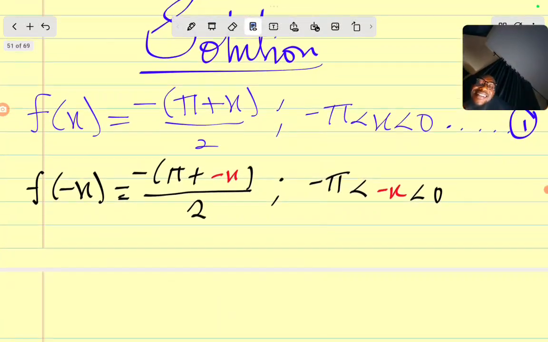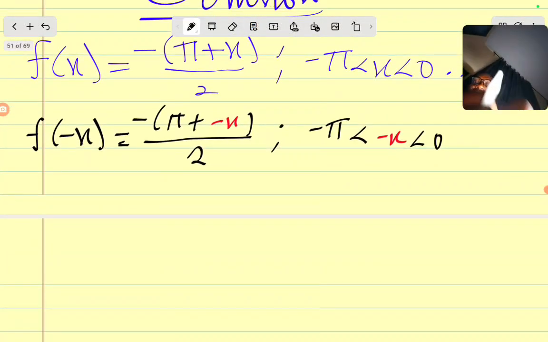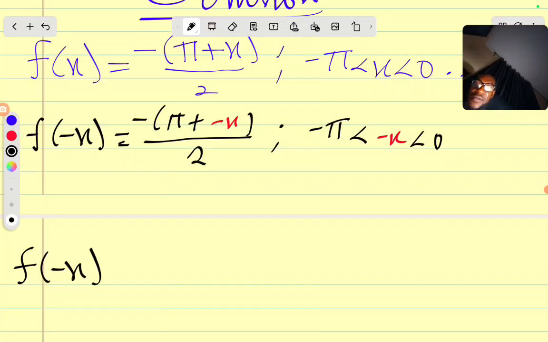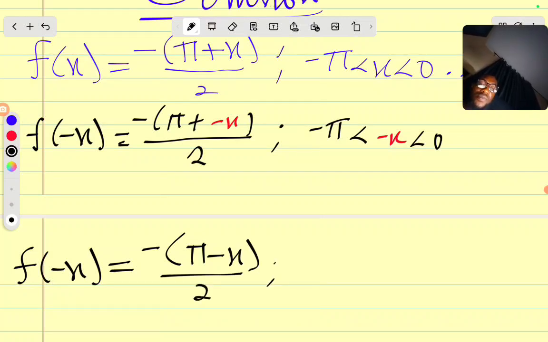So this is the same thing as f of minus x equals minus into the bracket of pi minus x over 2. Then the nature of our interval is going to change, as pi will now be greater than x, and x is now greater than 0.